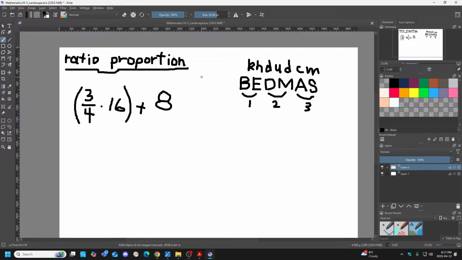Like I said, I'll just write it over here. I guess I'll erase it later, just so you can see. That 16 is over 1. So you could realistically go 3 times 16 all over 4, in brackets.